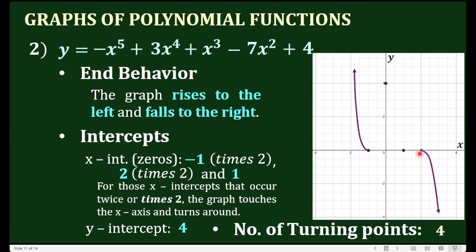It goes this way, and then going up, crossing this point. Then, from this point, we go up using a smooth curve and going to this point. Turn around, and this one.